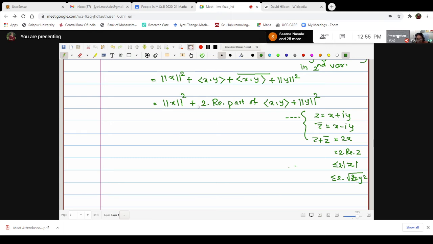Therefore, here we can use 2 times real part of inner product xy is less than or equal to 2 times modulus of the quantity, plus norm square of x. This is the reason: z plus z bar is less than or equal to 2 times mod of z.